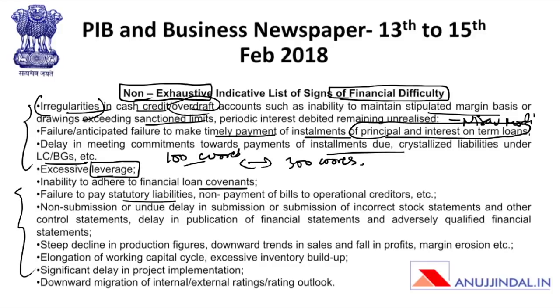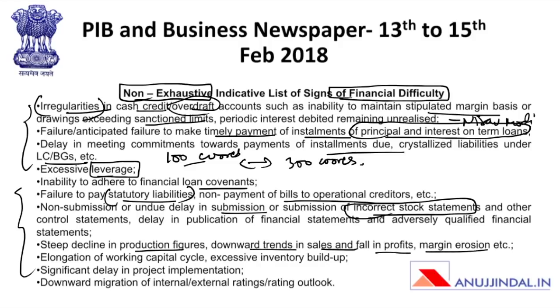Failure to pay statutory liabilities, non-payment of bills to operational creditors, etc. So when you're not able to pay even your operational bills or the statutory or tax liabilities that you're supposed to pay to the government, then also it means you are in financial difficulty. Non-submission of, undue delay in submission, or submission of incorrect stock statements and other control statements. So if you're not able to submit your control statements or stock statements, it means that there is some problem with the company. Steep decline in production figures, downward trends in sales and fall in profits, margin erosion, etc.